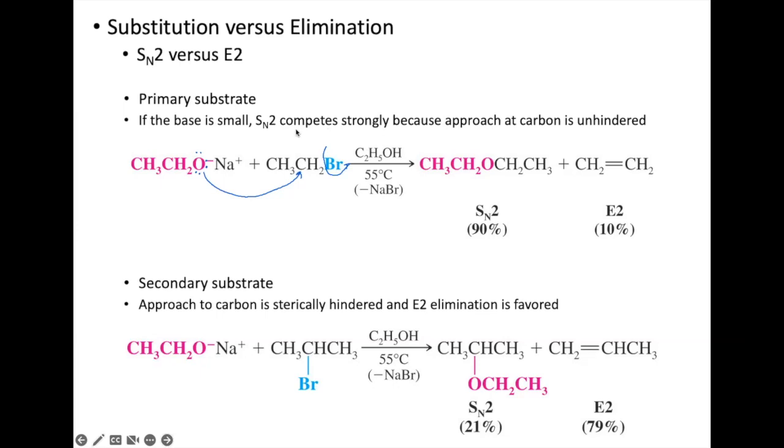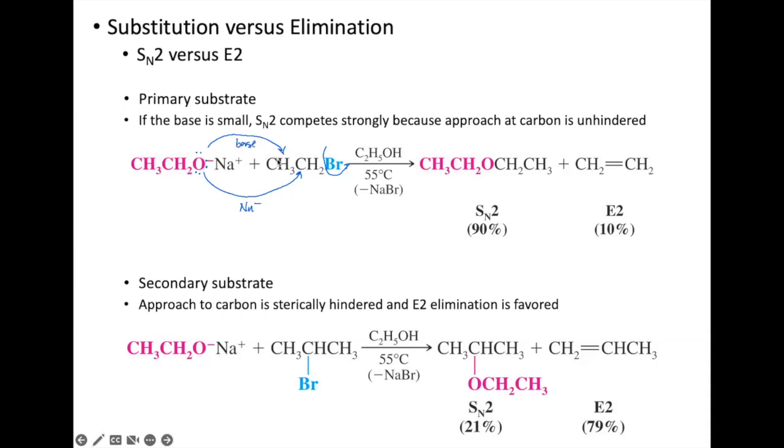However, it's also possible that you can have elimination reaction. So this will act as a nucleophile, forming the substitution reaction, no? Or it can act as a base, removing this proton.